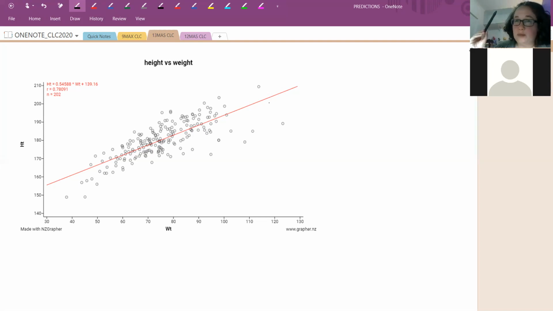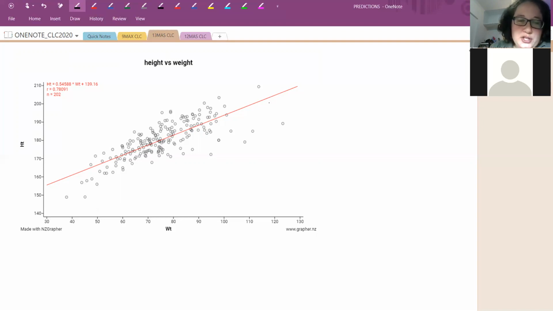And if you go more outside human physiology, they can't be a certain height because humans aren't that tall, and can't be that weight because it's impossible. Okay, so this is also something that you can discuss in terms of predictions, how we only interpolate, which is predicting from within our data set. We don't extrapolate, which is going outside, and this is why. And of course, you would talk about the context as I did.